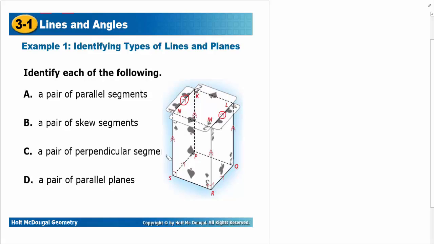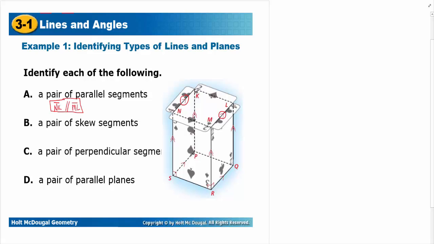It's the first one I found. So I'm going to say that NK, and again, they said parallel segments, so I'm going to say NK with the segment notation on top, not a line, it's a segment, is parallel to ML. Again, as I'm doing this, I'm showing you how we label parallel segments. We use this double line segment to represent it.